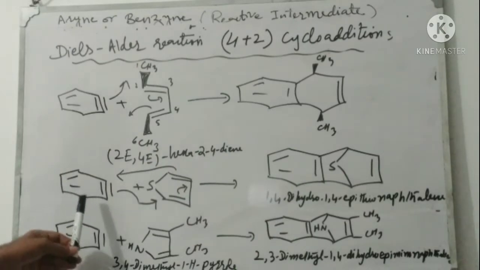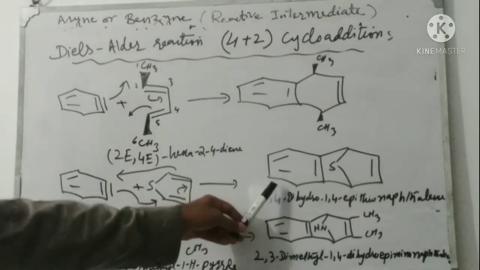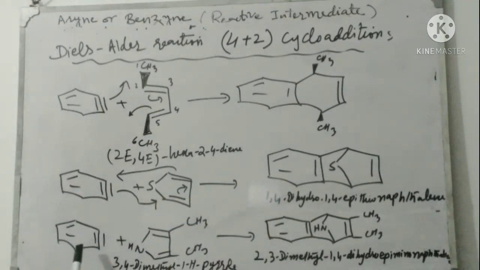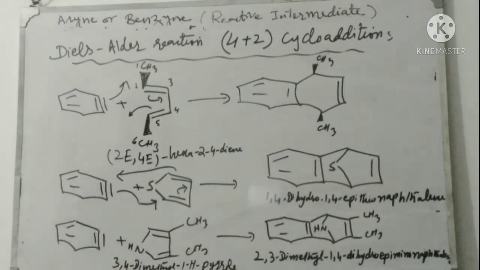This is the Diels-Alder reaction of benzyne with thiophene, and it forms this Diels-Alder adduct. And this is the Diels-Alder reaction of 3,4-dimethyl pyrrole with benzyne, and this forms this 2,3-dimethyl 1,4-dihydro epiminonaphthalene. So these are the Diels-Alder adducts which are formed with benzyne, and in all these cases benzyne behaves as a dienophile.